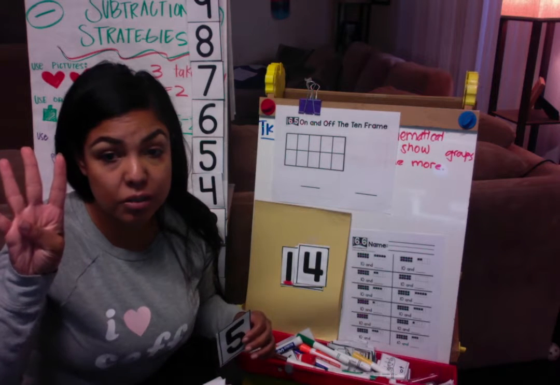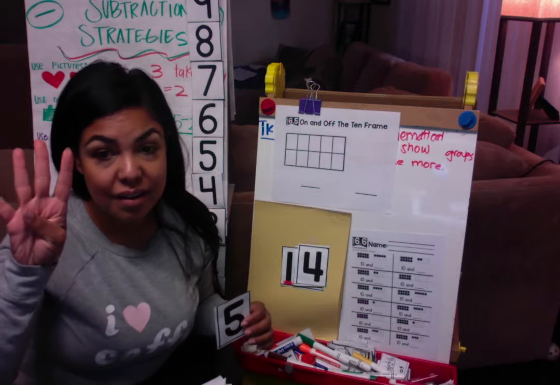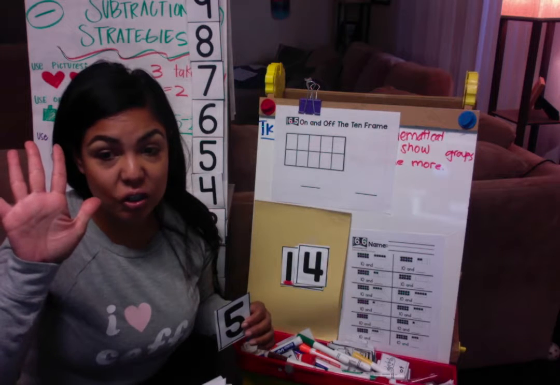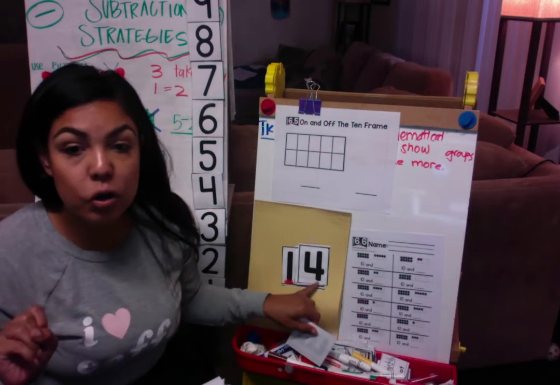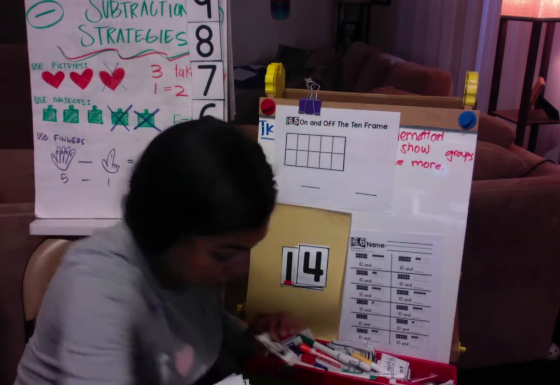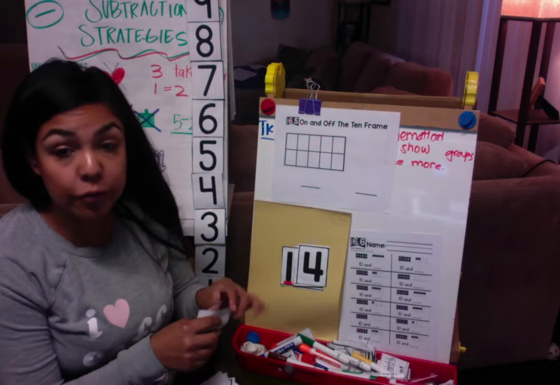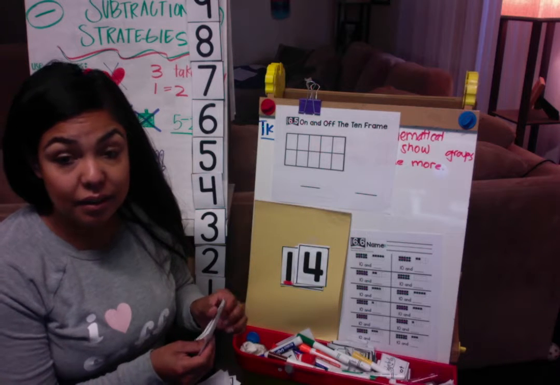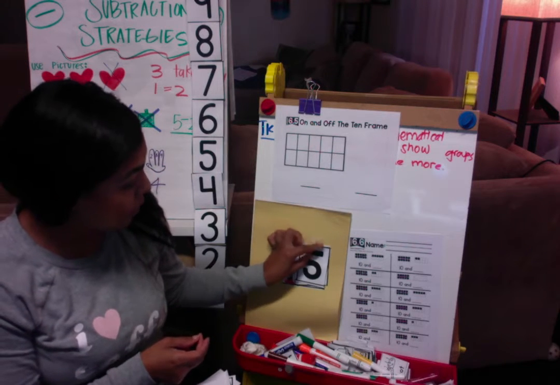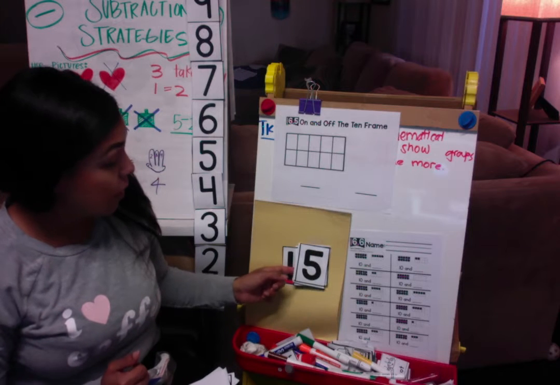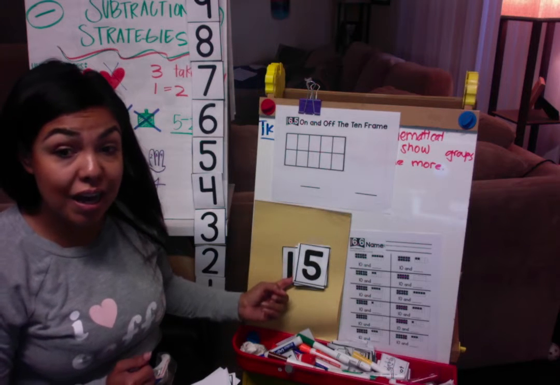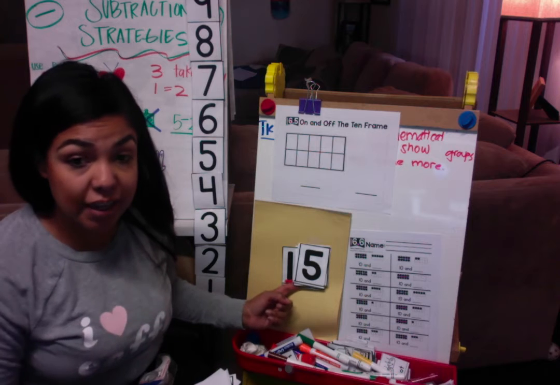How old are you going to be in June? 5. Good. So the next number after 4 is 5. Good job. So we know that we're 4 years old, right? And then we're going to turn 5. Okay, so that's the next number. Good job. Very good, Kaden.